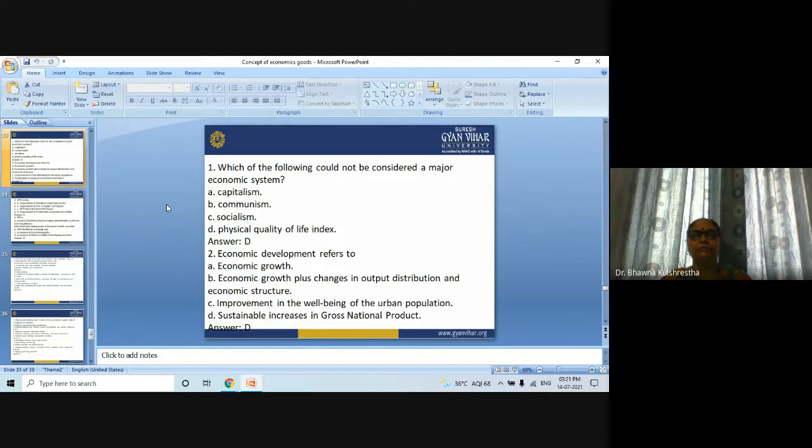And the last option is sustainable increases in gross national product. The answer of this question is sustainable increases in gross national product.